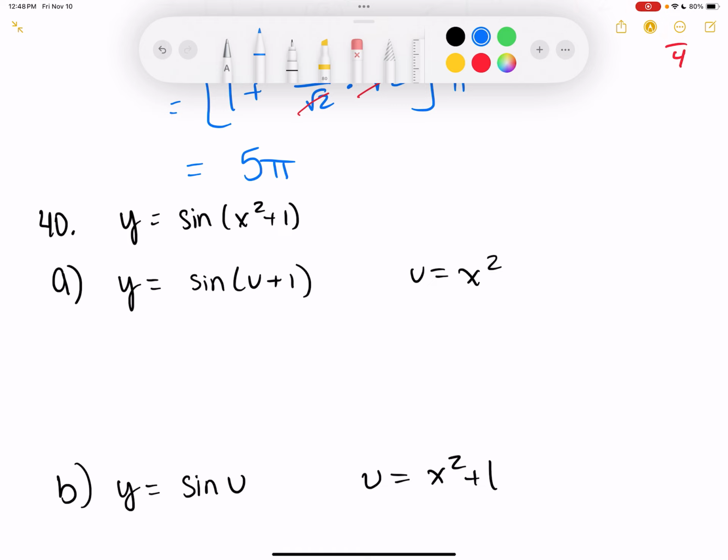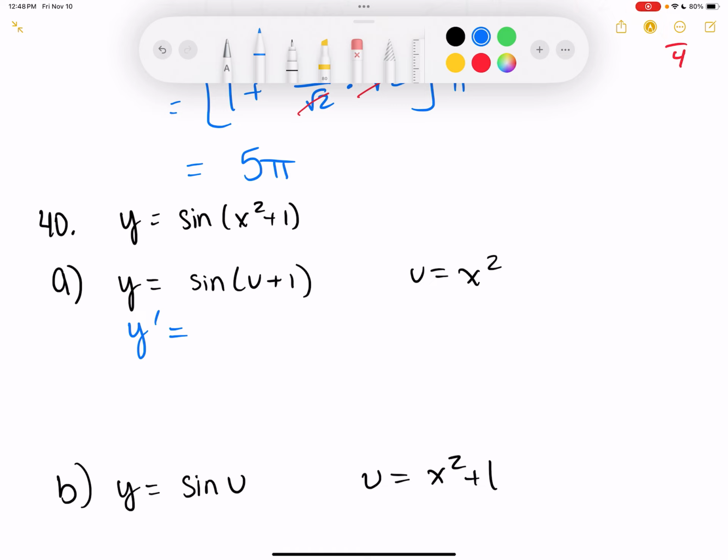So I'm going to do the same thing I was just doing with 34 and 36. So what is the derivative of y? Is that a product rule? No, it's the sine of that. Oh, gotcha.